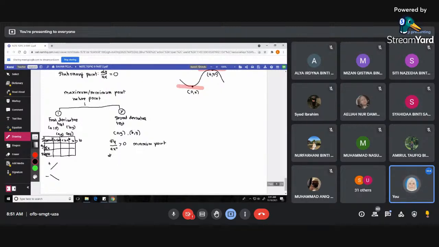Kalau d2y/dx square awak less than 0, kita sebut apa? Maximum point. Tapi kalau tiba-tiba d2y/dx square awak sama dengan kosong, maksudnya apa?